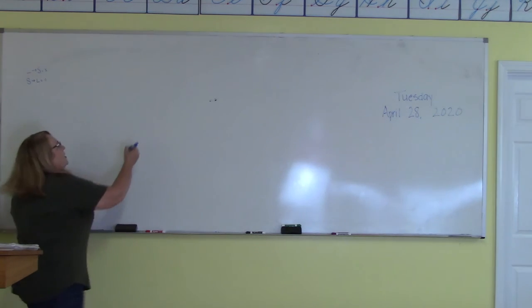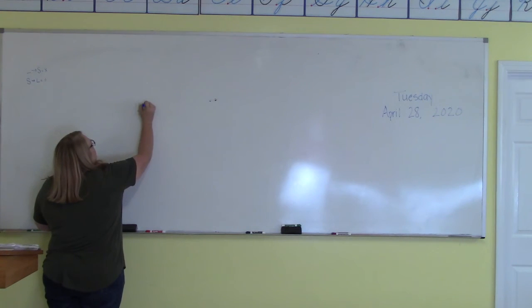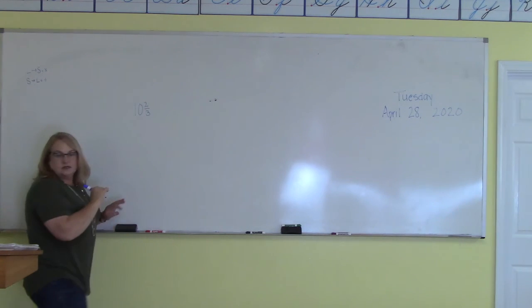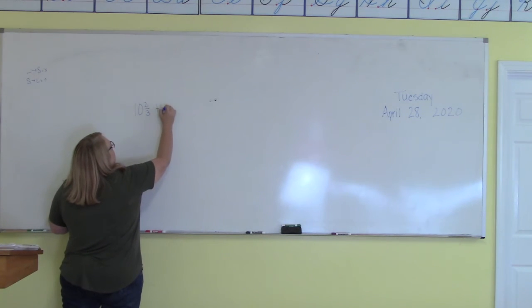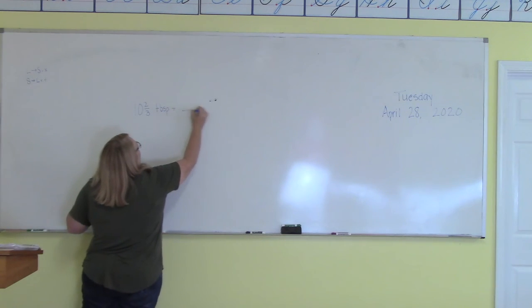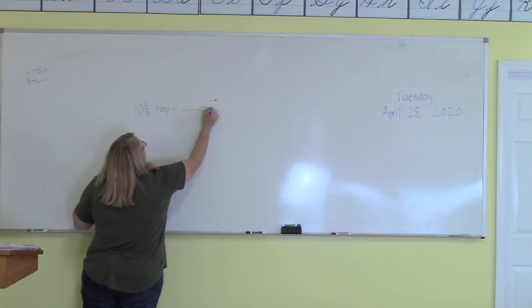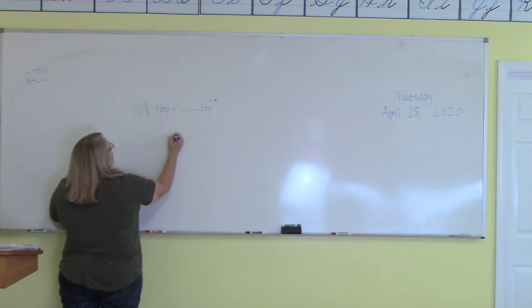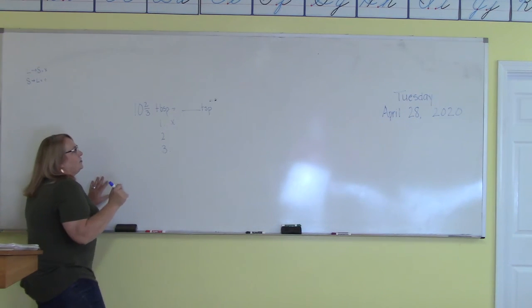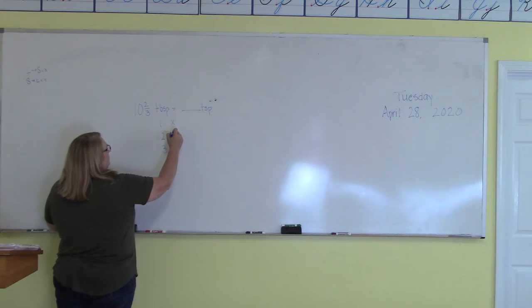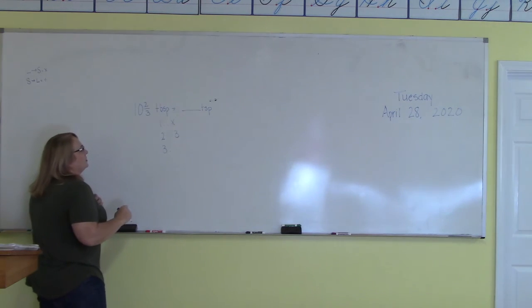And C, you have 10 and 2/3 tablespoons equals how many teaspoons? All right, you're going from a large unit to a small unit, so you're going to multiply. How many teaspoons are in 1 tablespoon? 3.